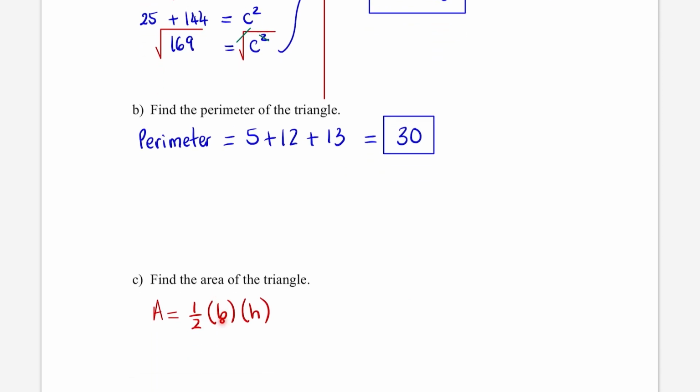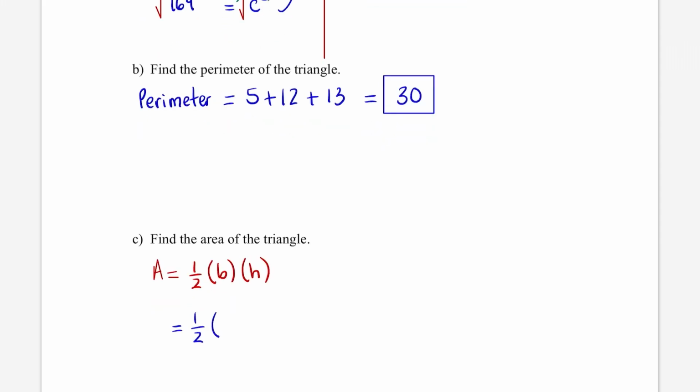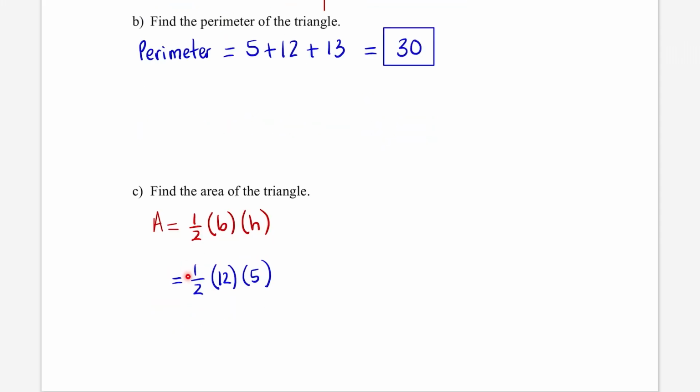I'll substitute 12 for B and 5 for H. 1/2 times 12 is 6, because half of 12 is 6. And 6 times 5 is 30. The question doesn't give me any unit, so the area would be just 30. But if the question gives me a unit, the area would be 30 units squared.